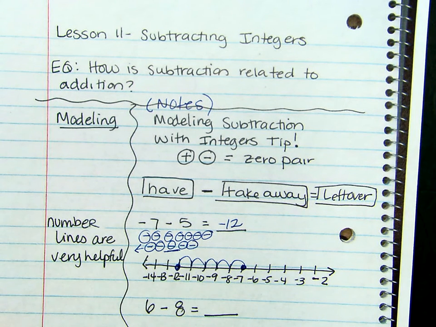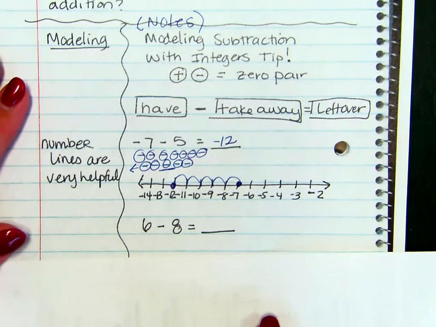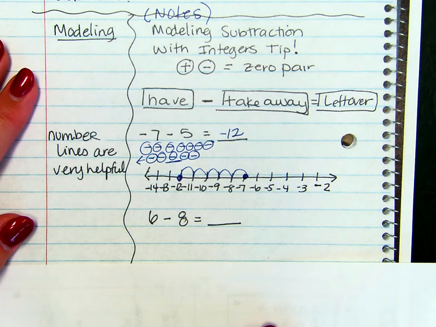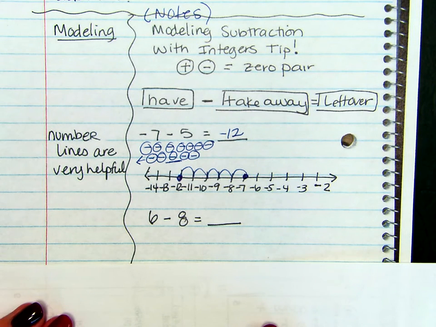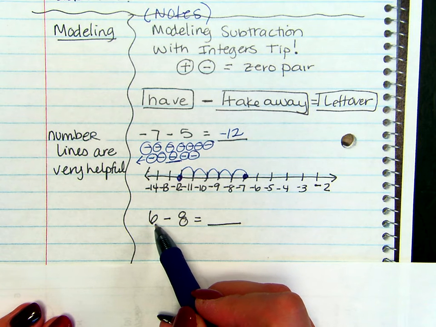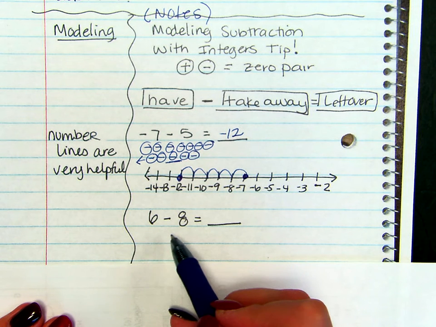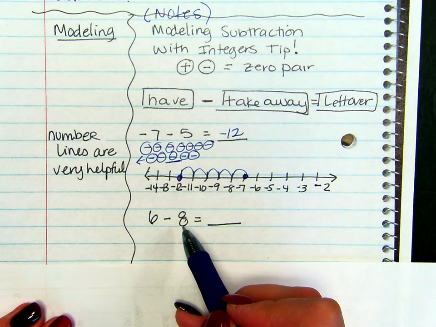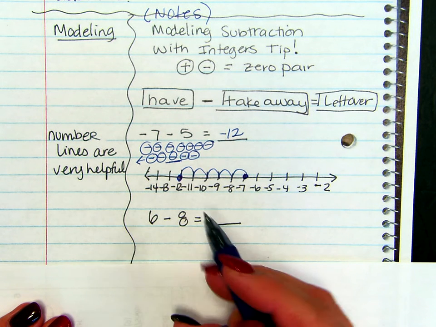Now let's take a look at our second example here. So let's say I have 6 and I take away 8. So let's say I have $6 and I need to give a friend $8. I'm not going to have enough, so I'm going to have to owe them some extra money.